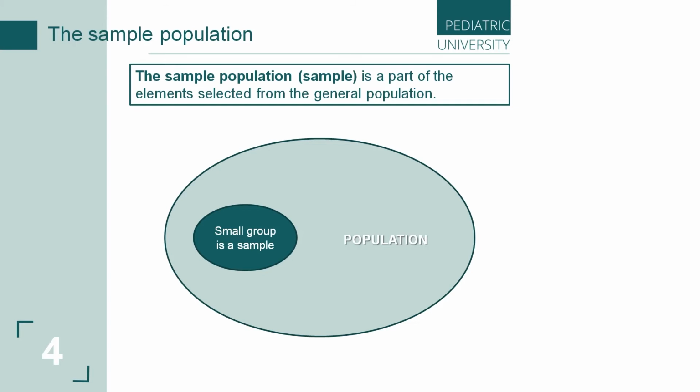We are not studying the entire population, but only a small group, a sample from this population, that is, a portion of elements that are somehow selected from the entire population, yeah? A sample is a part of the elements selected from the general population.